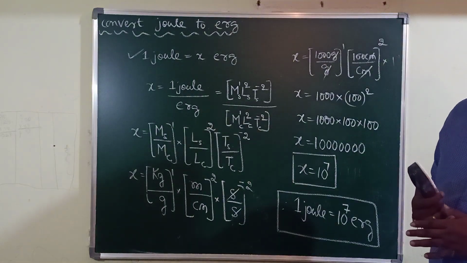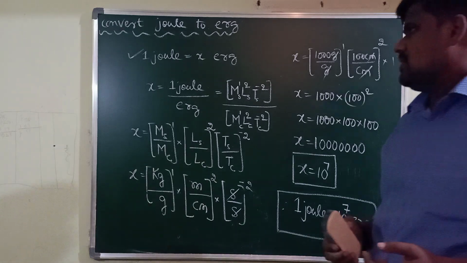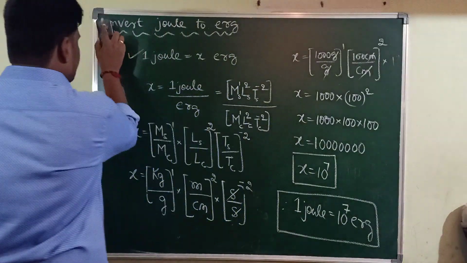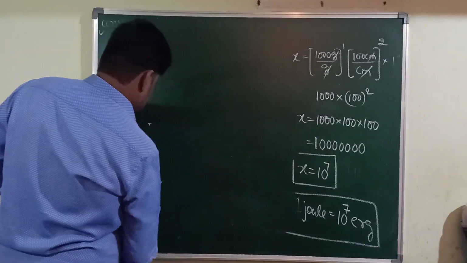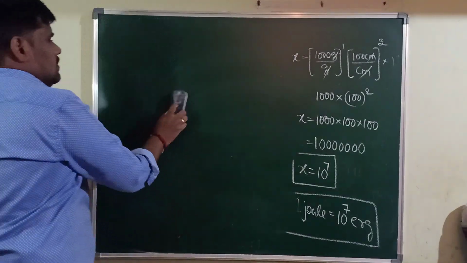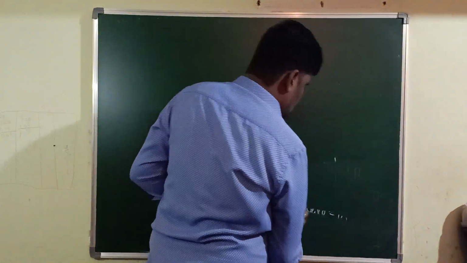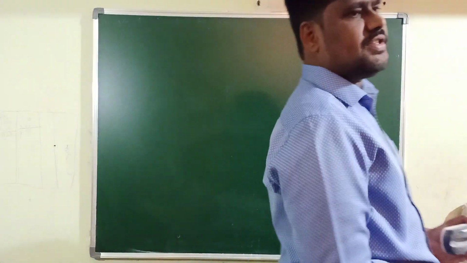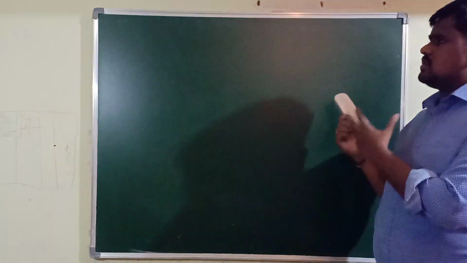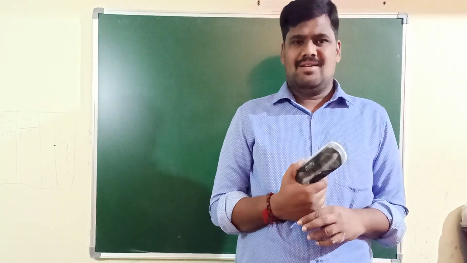Okay. Shall I go for the next example? I will take one more example here. If the SI unit of a physical quantity is the name of a scientist, then this conversion will become a little bit complicated.